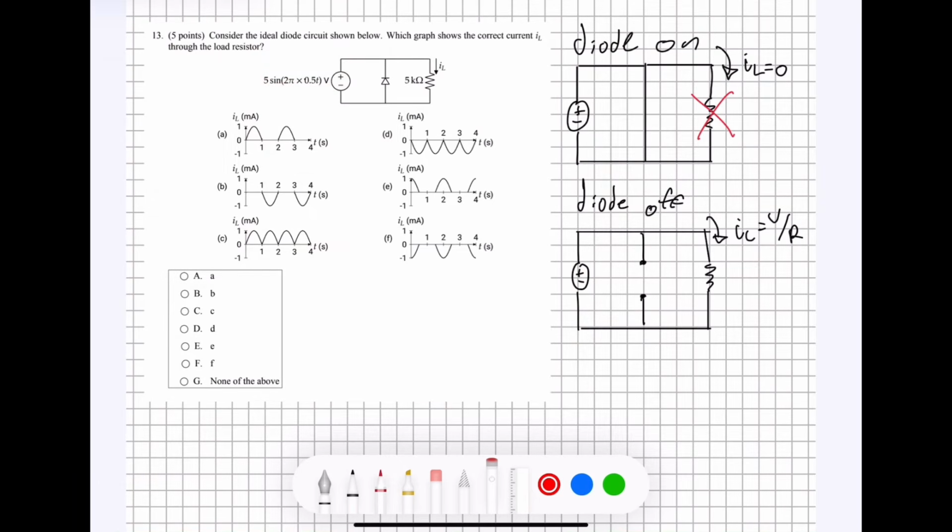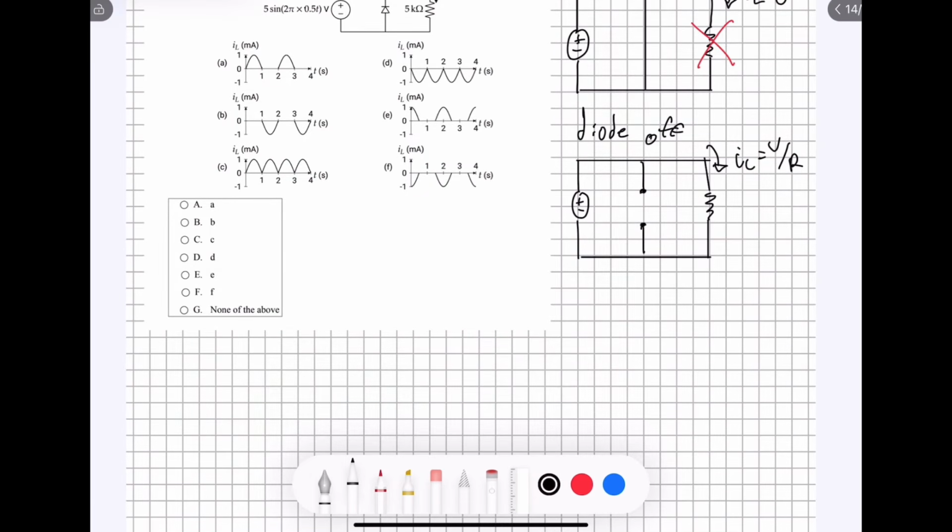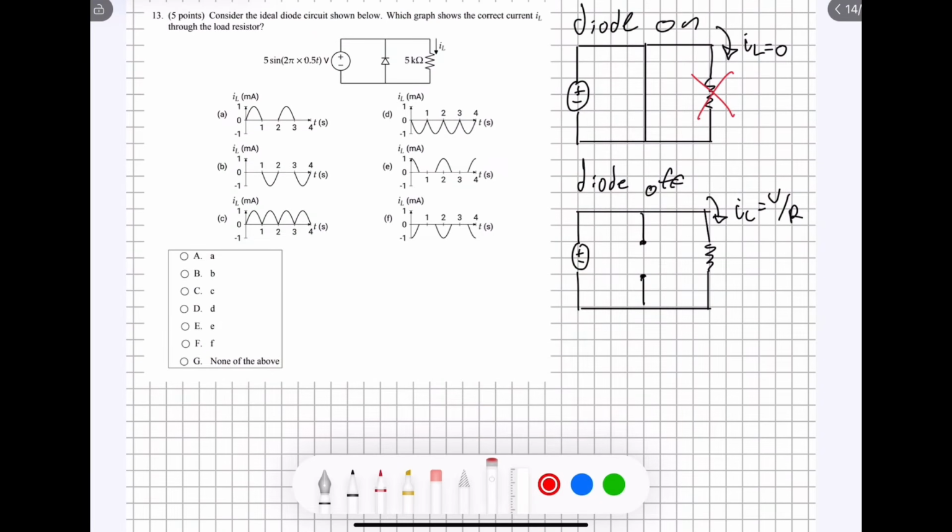Let me back up a little bit. We have to determine, based on the behavior of the voltage, how the diode is going to behave. Looking at our diode on circuit, this is where we're going to be determining how the current is flowing based on the voltage here.